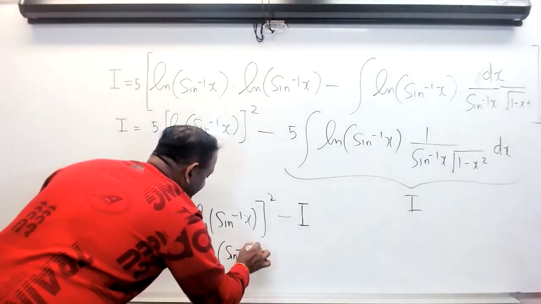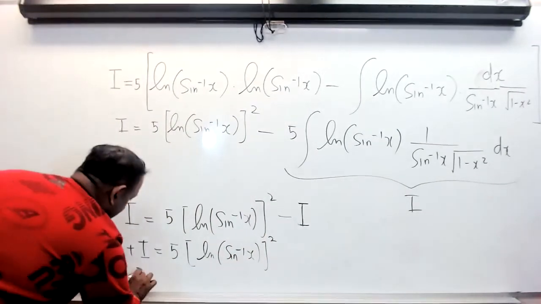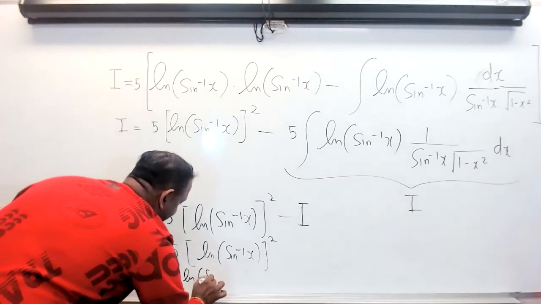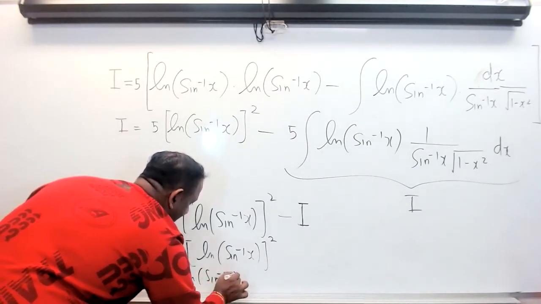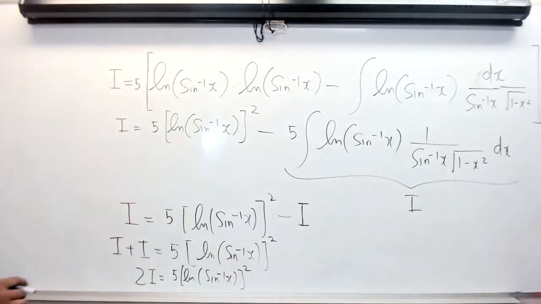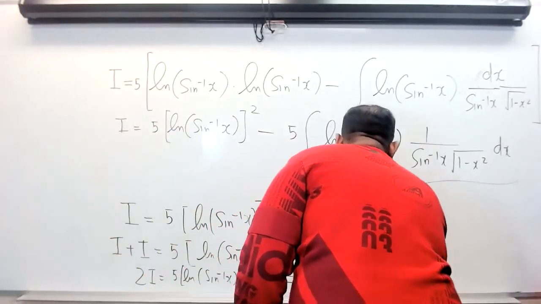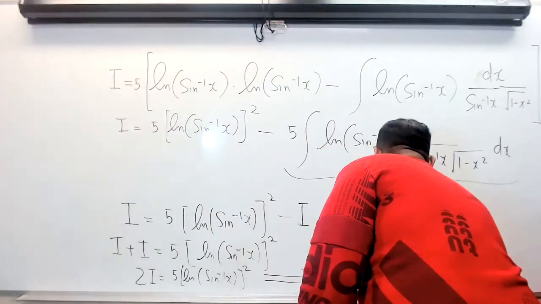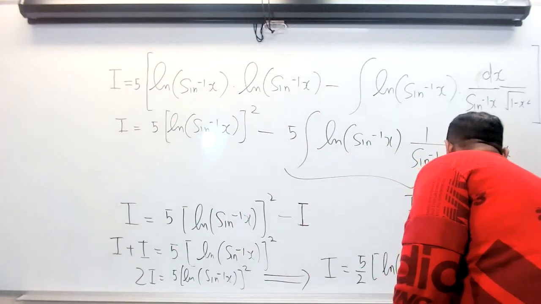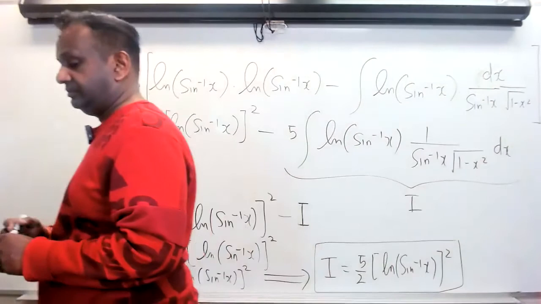Then 2I is ln sine inverse x whole thing squared. So then I means what? I is nothing but one half ln sine inverse x whole thing squared. See, we got the answer.